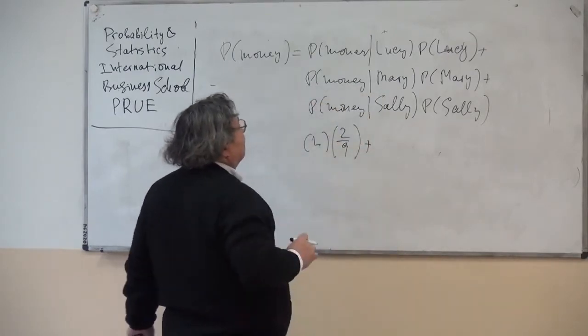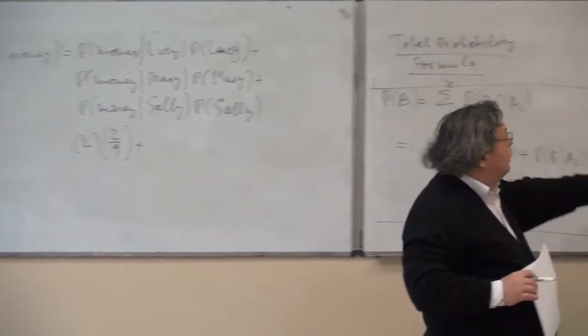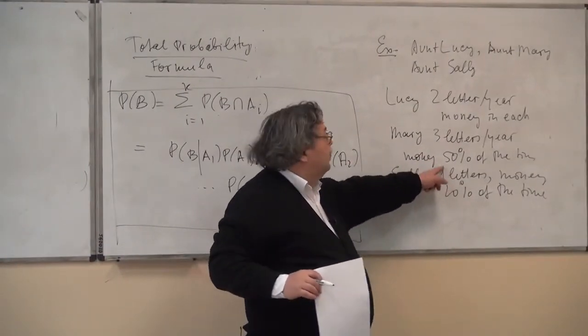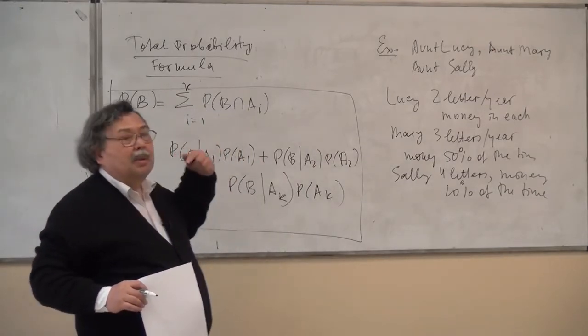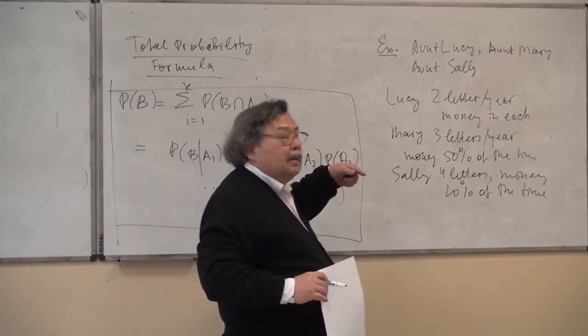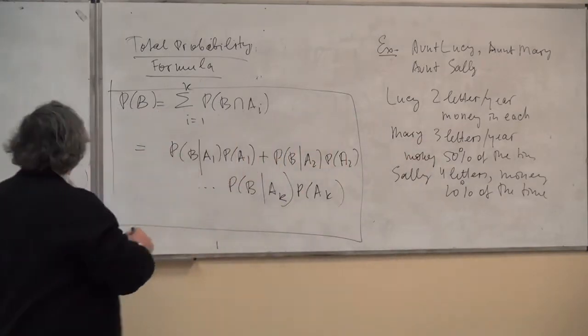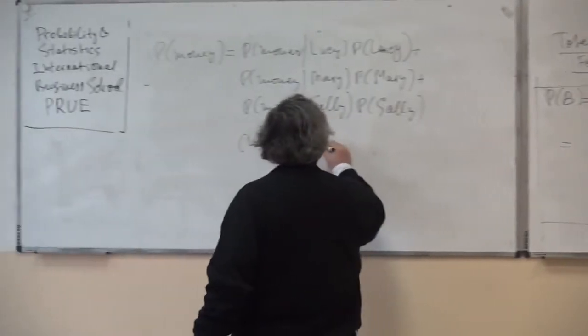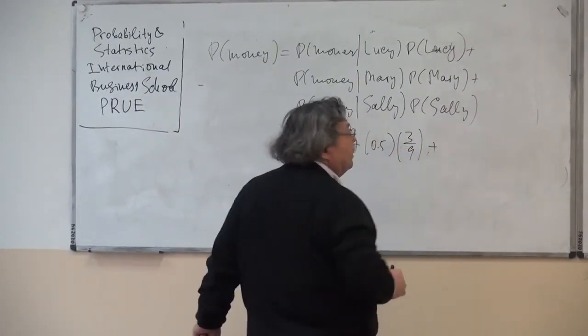For this other aunt, the conditional probability is 0.5 because only 50% of letters from Aunt Mary contain some money. And what's the probability that this particular letter comes from Aunt Mary? It's 3 over 9. So it's 0.5 times 3 over 9 plus.